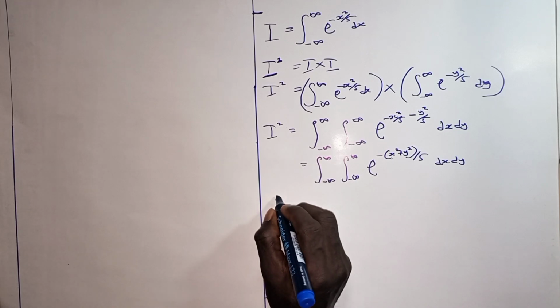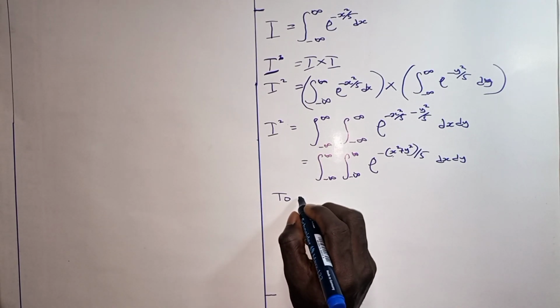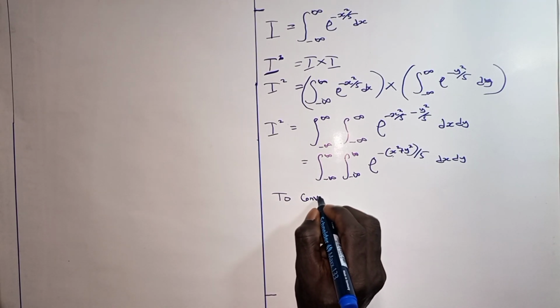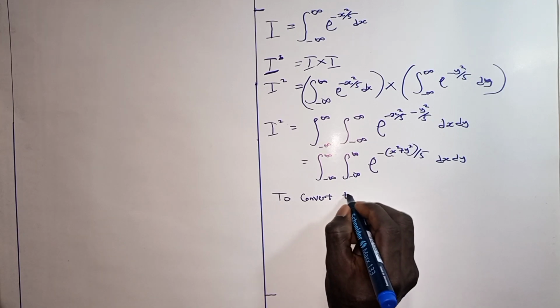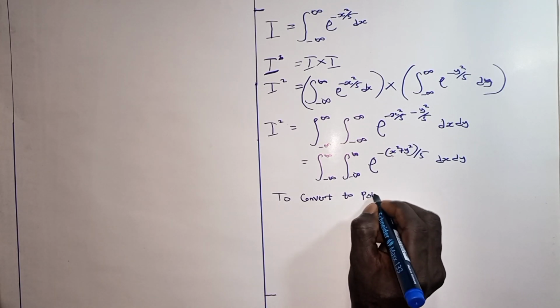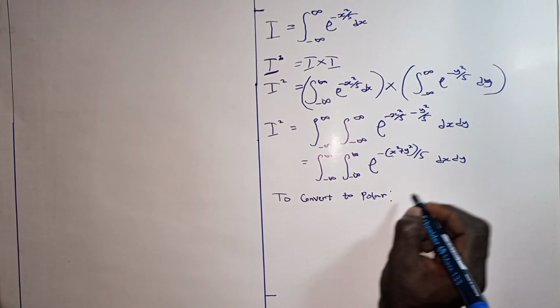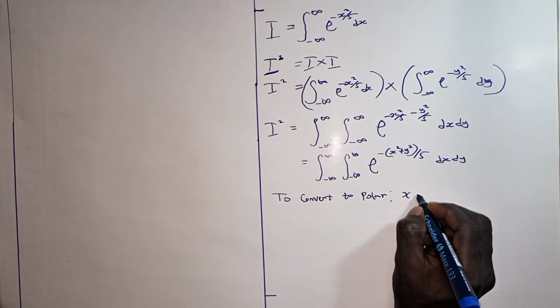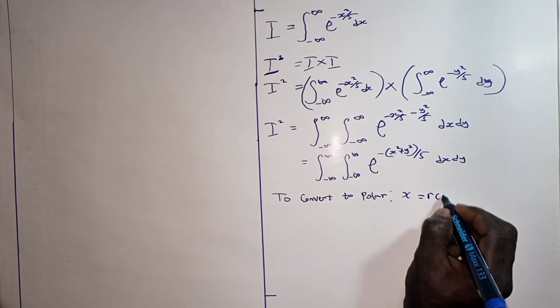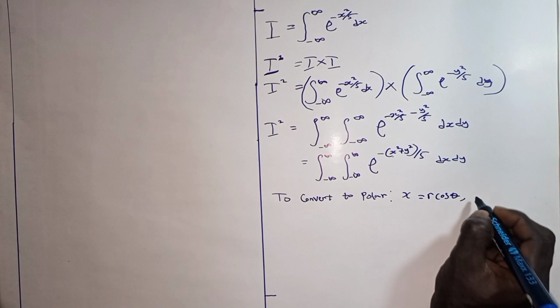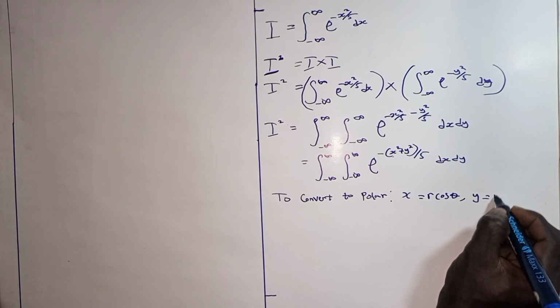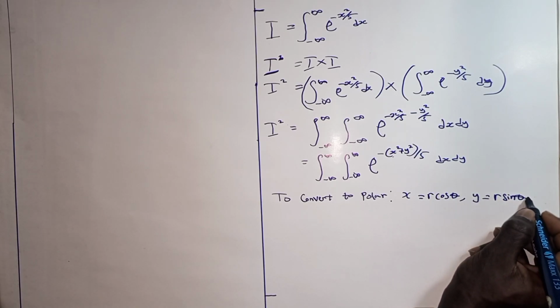To convert to polar, we say x equals r cos theta, y equals r sin theta.